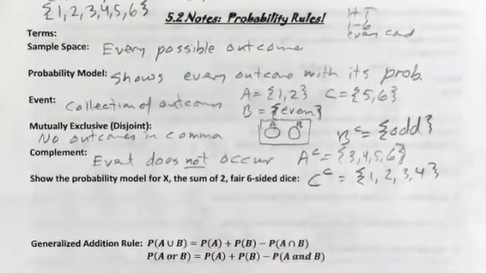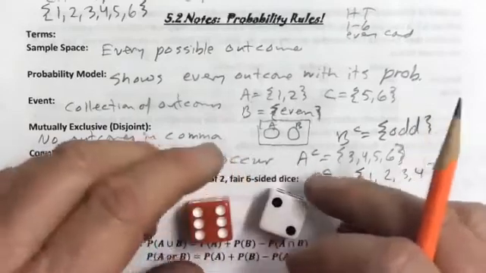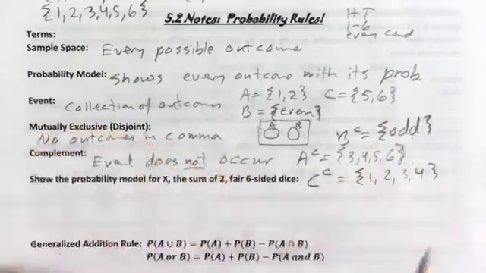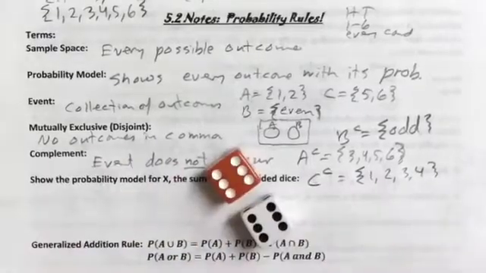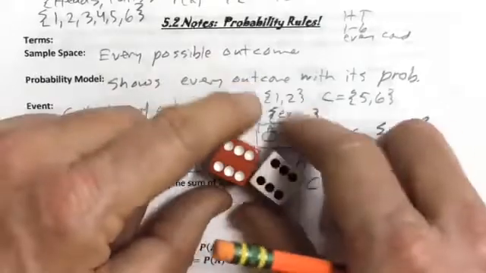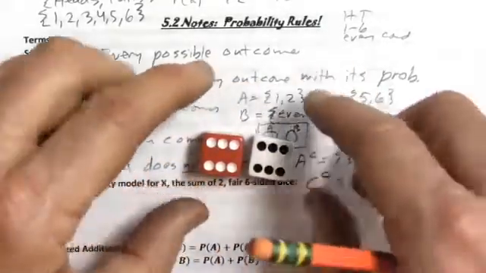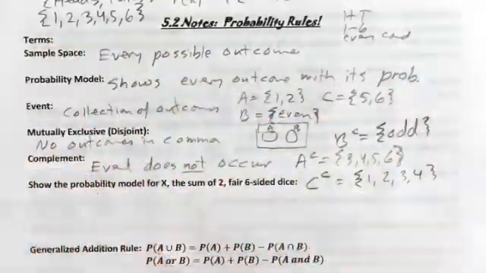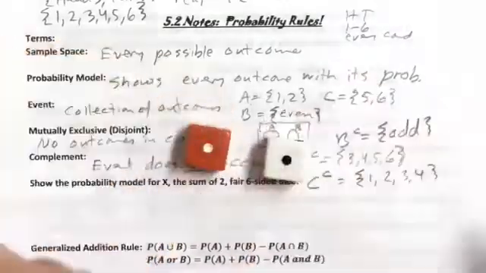I did want to write out the probability model for the sum of 2 dice, because that's something we're going to be dealing with a lot. When you roll 2 six-sided dice, you could get a 12, which is hard to do. That's the most you could get, and the least you could get would be a 2.